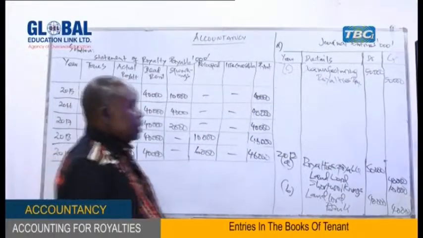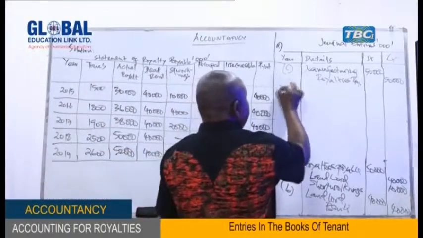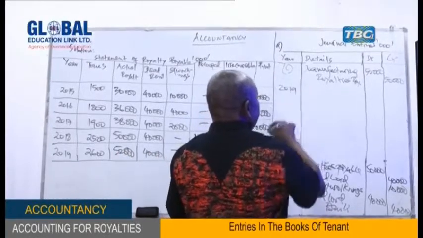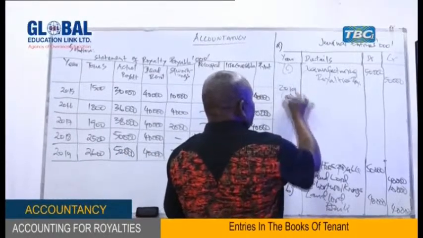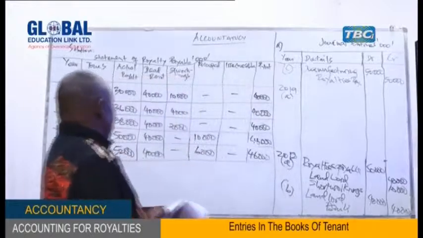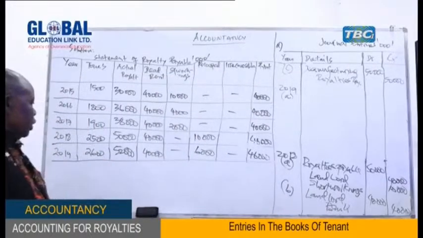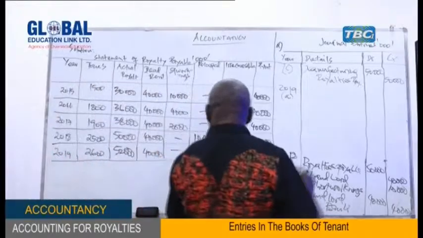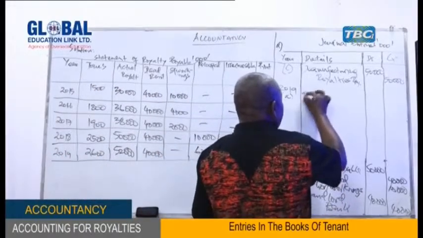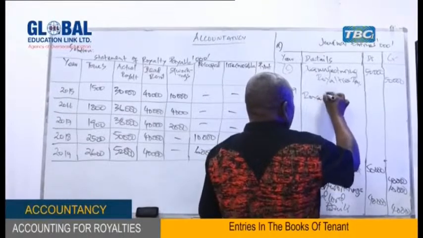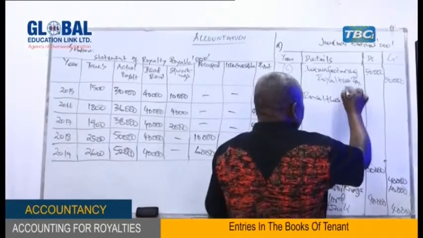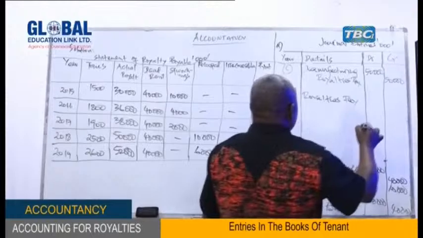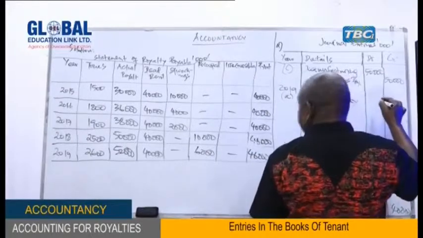Then 2019, category A, it's actual royalties which was 52,000. So we debit royalties payable shillings 52,000.